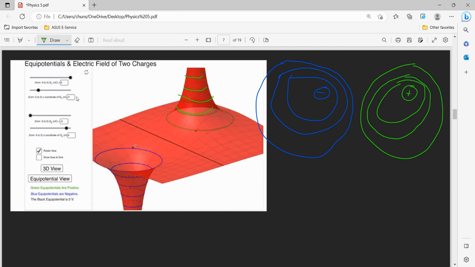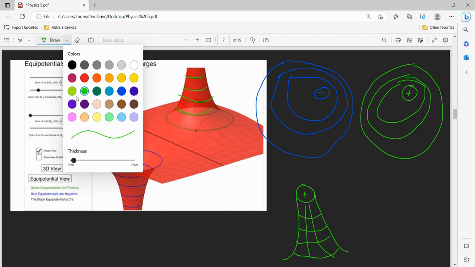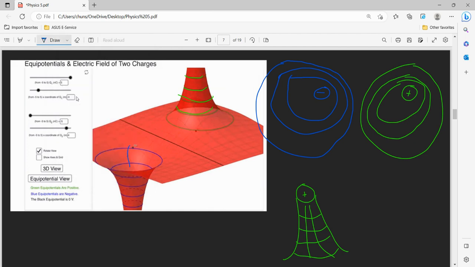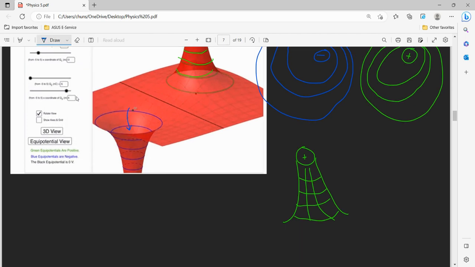All right, and we know this is a positive charge because positive charges create a peak in 3D space. You can imagine it looking like that. And our negative charges create wells, which is what this is. Because as you know, it flows high to low, or positive to negative. That is how electric potential works.